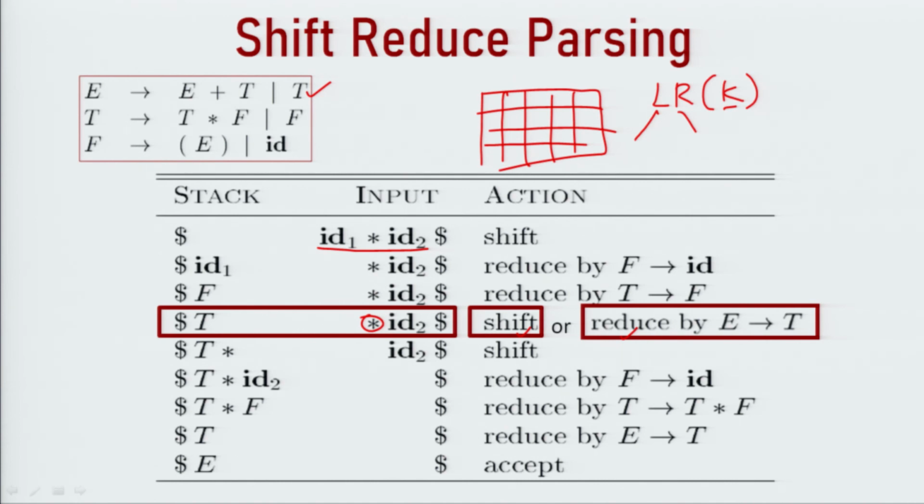This k can be equal to 0, 1, or greater than 1; it can hold any value. Generally we take k equal to 0 or 1, and by default if k is equal to 1, then in place of writing LR(1) we usually write LR.